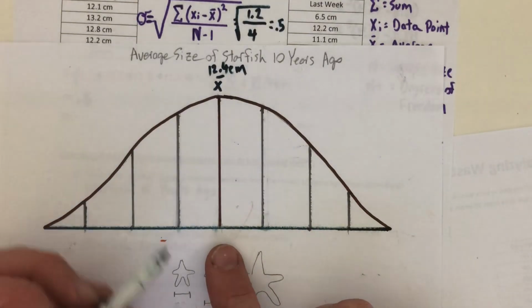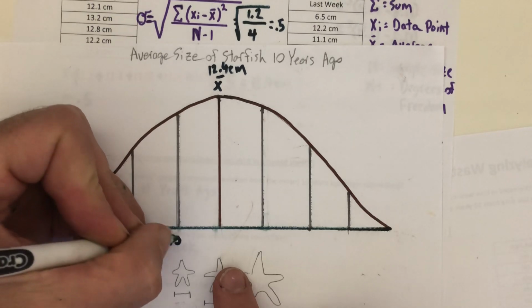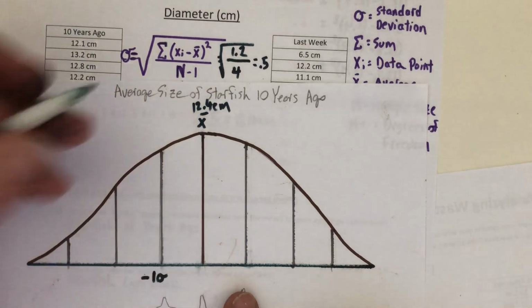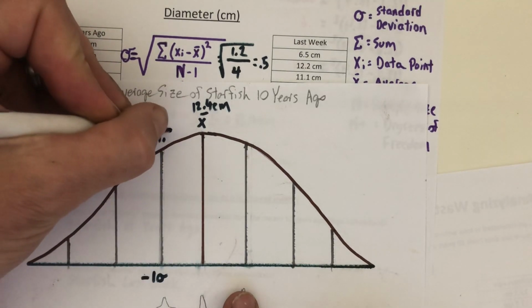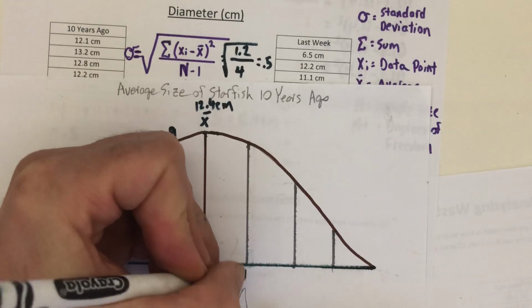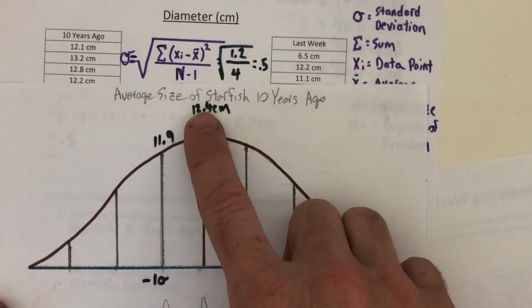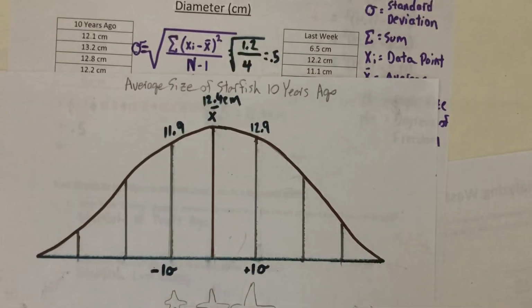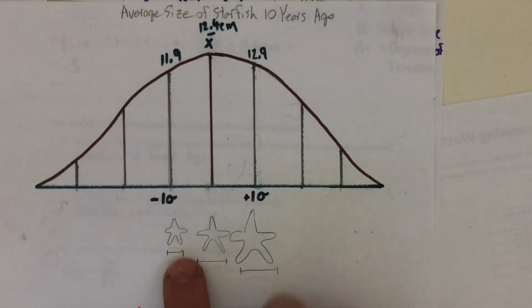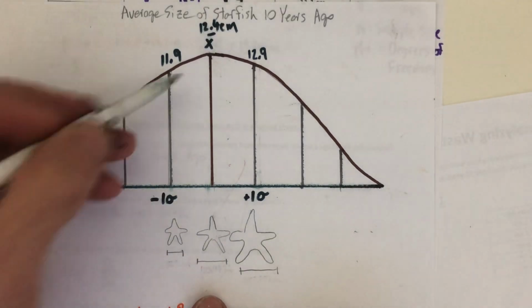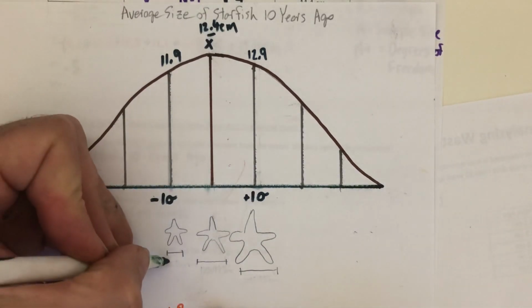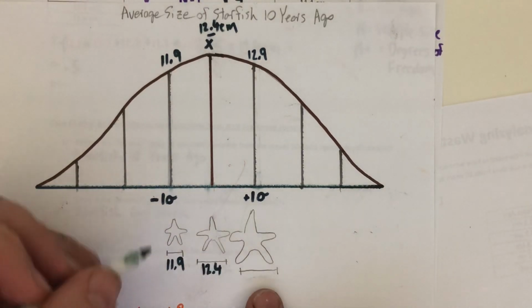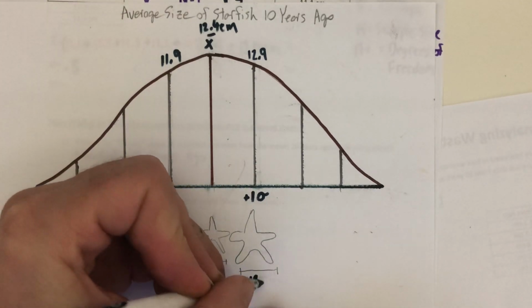So that means that minus 1 standard deviation is going to be 0.5 less than that, which is 11.9. And plus 1 standard deviation is going to be plus 0.5, so it'd be 12.9 centimeters. So the smallest in this range would be 11.9 centimeters, the average would be 12.4, and the largest in this range would be 12.9.